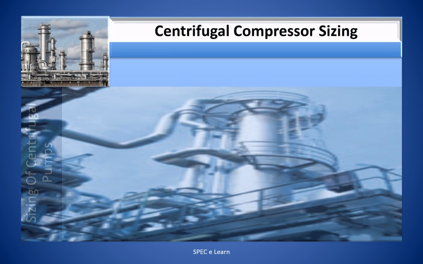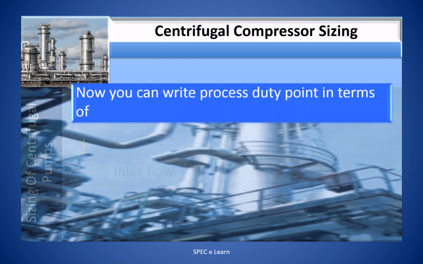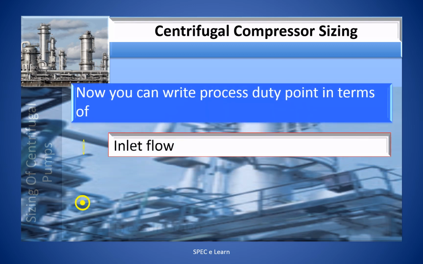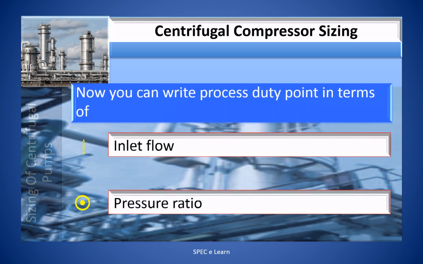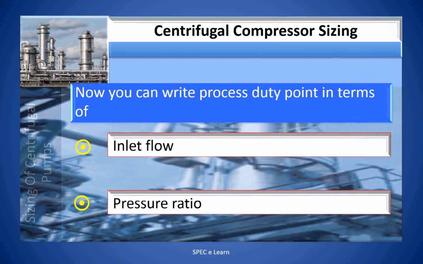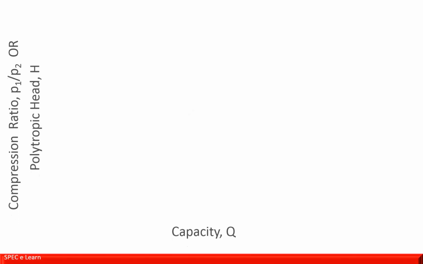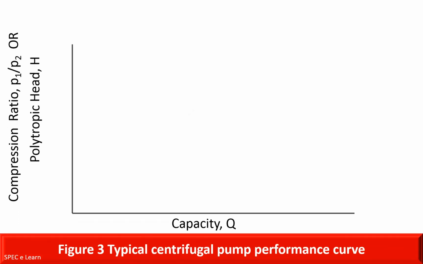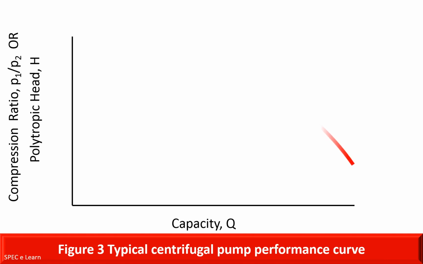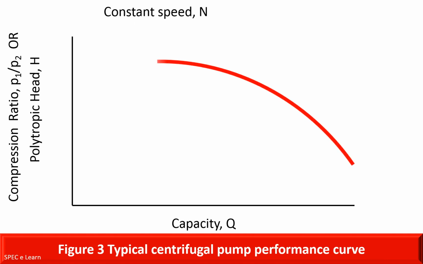With the specification sheet in hand, you can go ahead and write the process duty point in terms of inlet flow and pressure ratio. The characteristic curve is a plot of polytropic head or pressure ratio versus capacity as shown in this figure. The shape of the curve is determined by the design parameters.